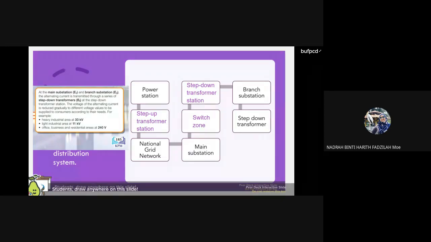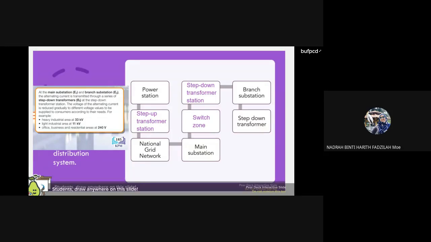Around 5 to 6 of you were confused about the next step after the switch zone. Most of you are correct about the switch zone, but right after it is the branch substation.